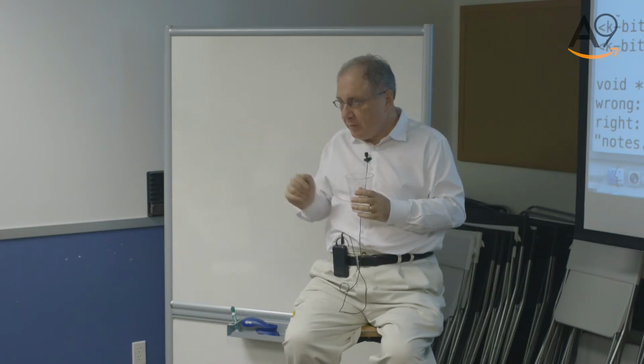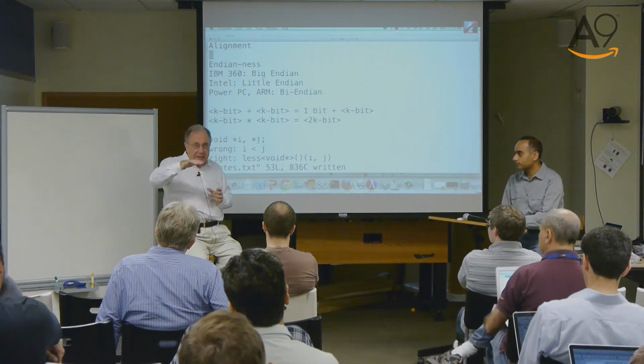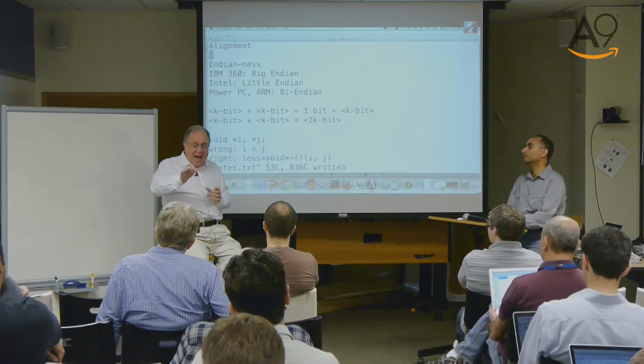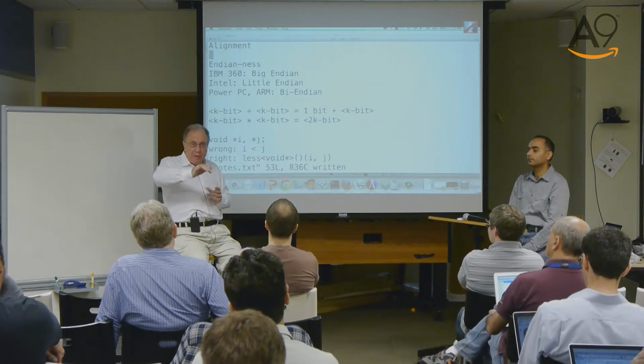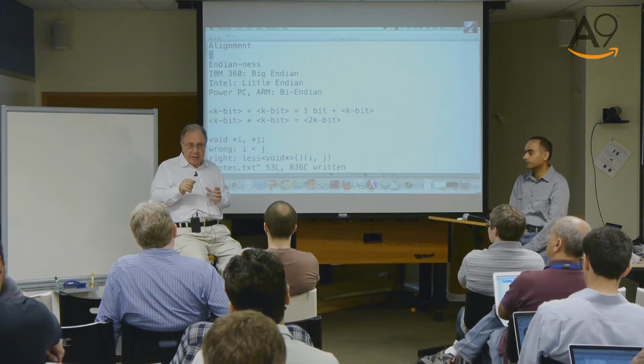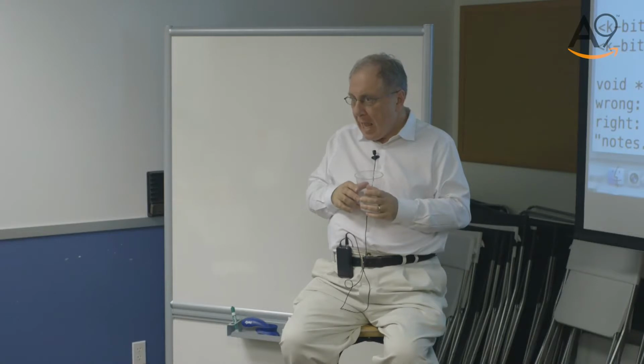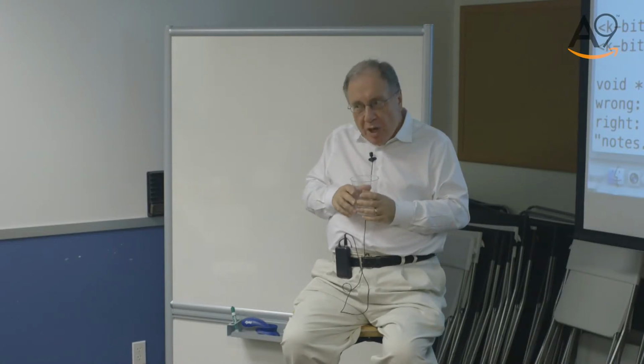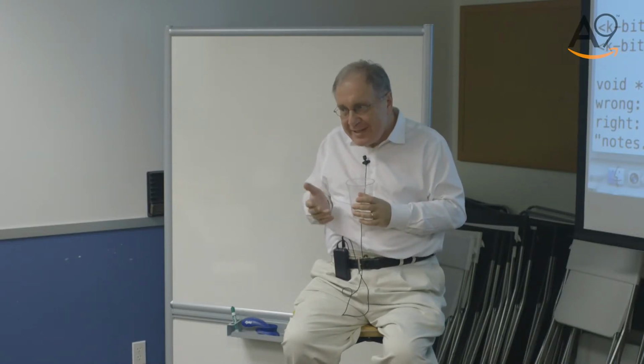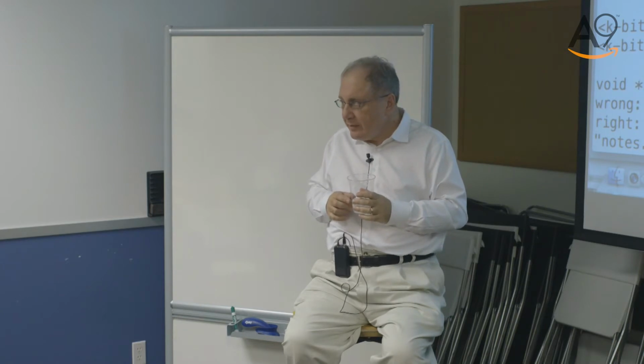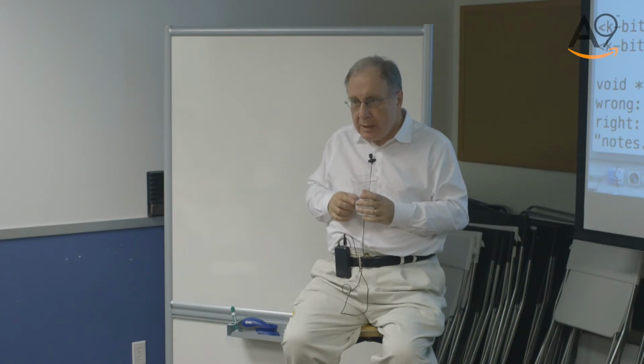I'm talking about 4 byte integers. Then this 4 is the alignment of this type. Right? Anybody knows why alignment appeared? What was the reason for it?